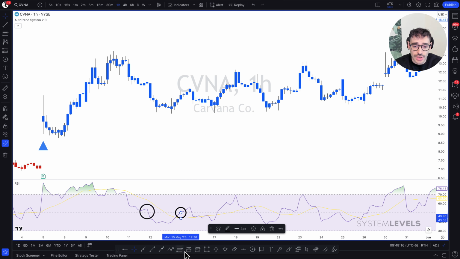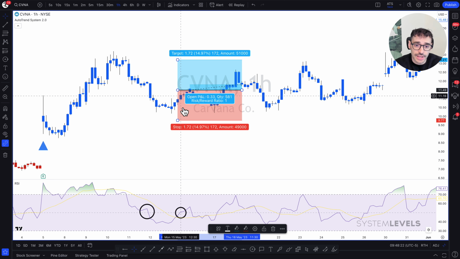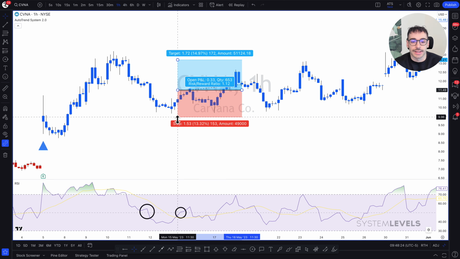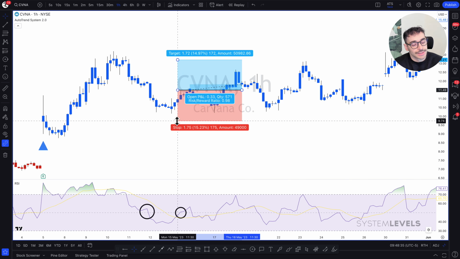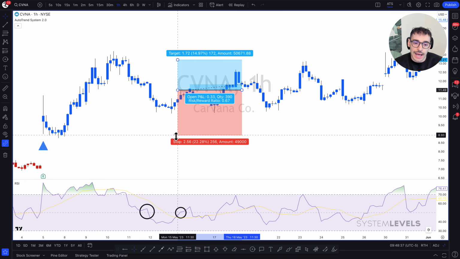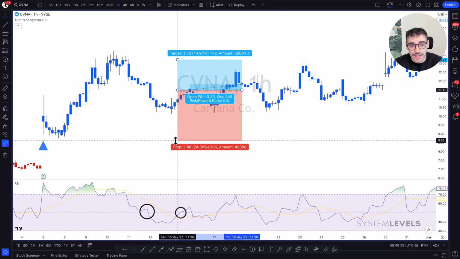So in this case, my entry would be, let's say this is the bar that crosses higher. My entry would be, again, it's actually at the same location. It's just a different way of doing it. My entry would be up here. My stop loss, as I said, I'm quite conservative, so I would place my stop loss below this swing low.